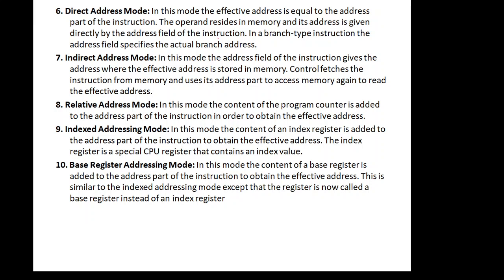Indirect relative addressing in the sense contents of program counter added to the address part of the instruction. And indexed addressing mode in the sense contents of the index register. The index register is denoted with the XR register. And base register addressing mode in the sense the base register contents is added to the address part in order to get the effective address. Fine. These are the different addressing modes we are having.